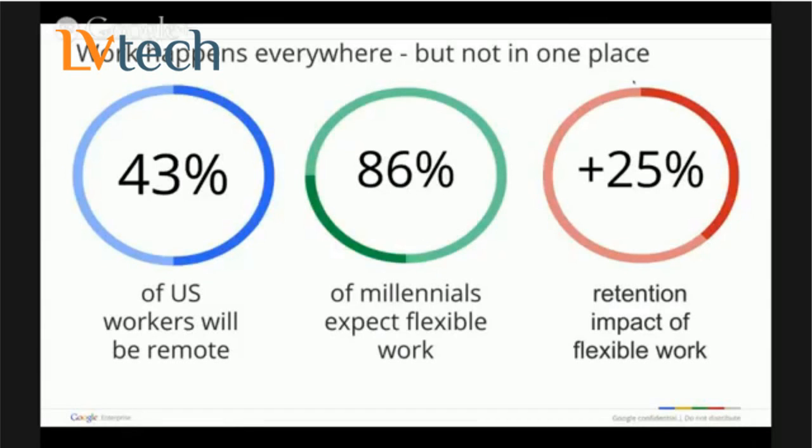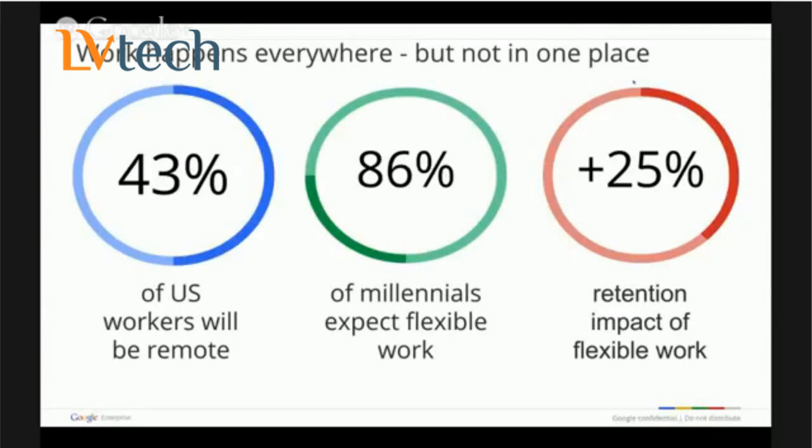And this is a tremendous area of importance and value to millennials as they come into the workforce. They're expecting flexible work hours and capabilities, and it's really big in terms of retaining them to your customer organization.